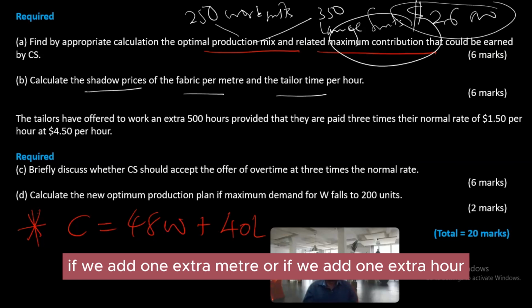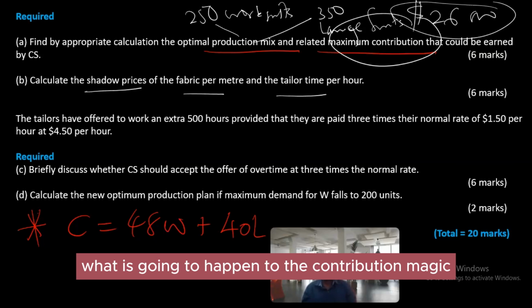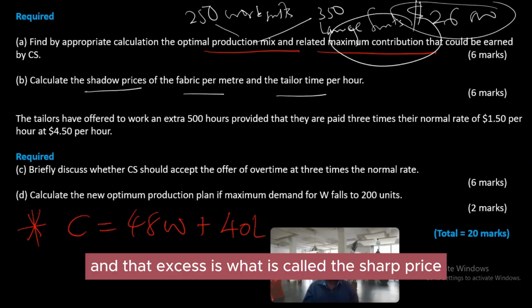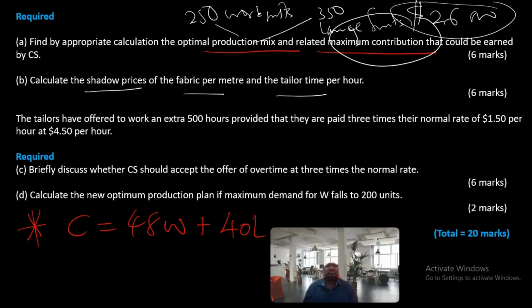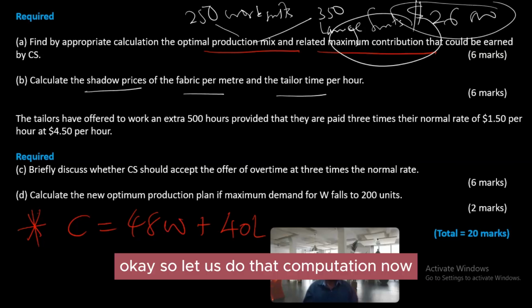If we add 1 extra meter or 1 extra hour, what is going to happen to the contribution margin? That excess is what is called the shadow price. So let us do that computation now.